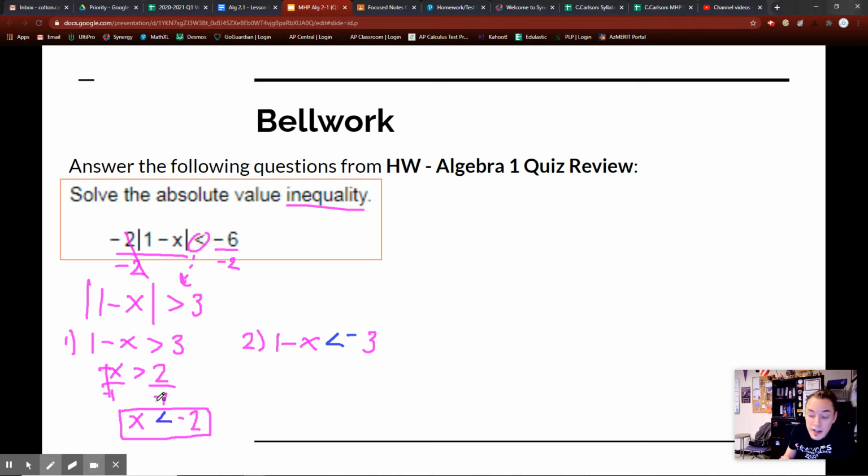Anytime you divide by a negative, every single time you must flip that inequality sign. Same thing here. This is negative x less than, and if I subtract the 1 over, this has become -4. Guess what? Divide by -1, so I have to flip this inequality sign back, and this becomes 4. These are my two answers.